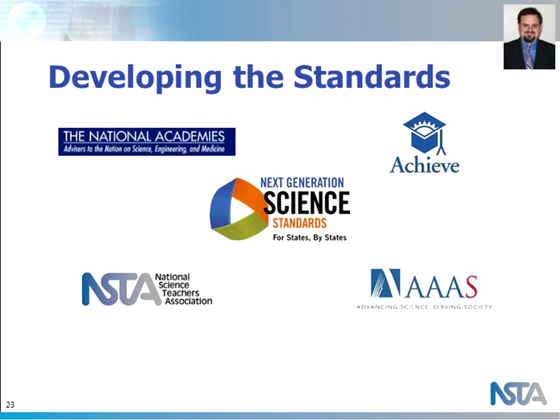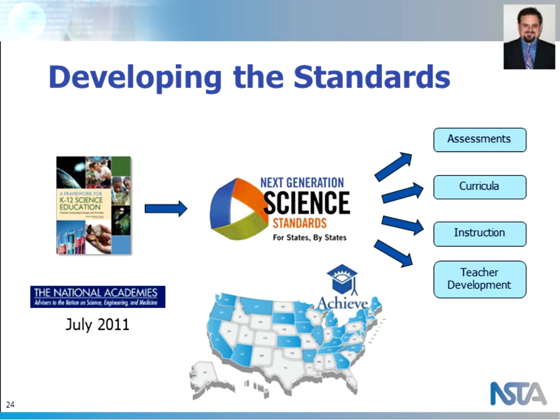But to take just a quick step back and give you a little bit of a sense of how the standards came to be, I want to note first off that we've got 4 organizations that have played a key role in doing these: the National Academies, Achieve, NSTA, and the American Association for the Advancement of Science. There's been essentially a 2-step process. We have the development of a framework for K-12 science education, which the Academies came out with in July 2011.